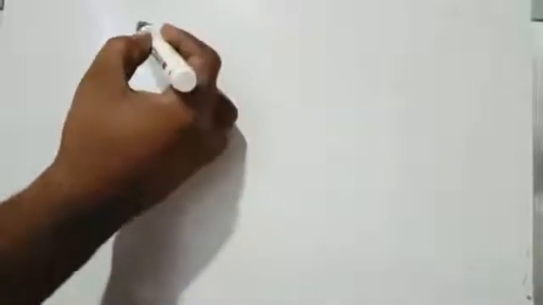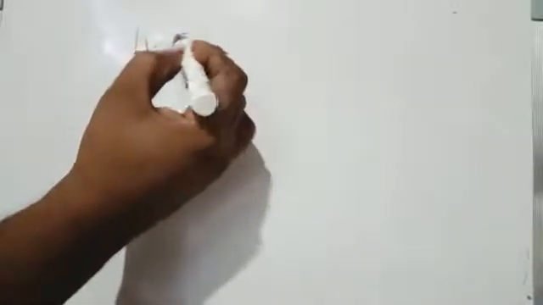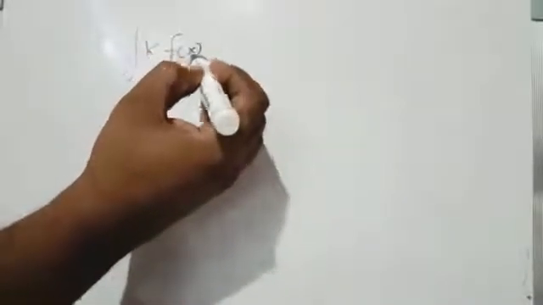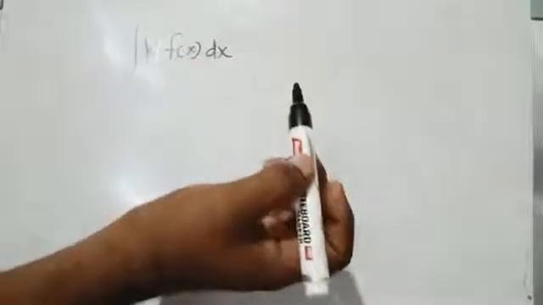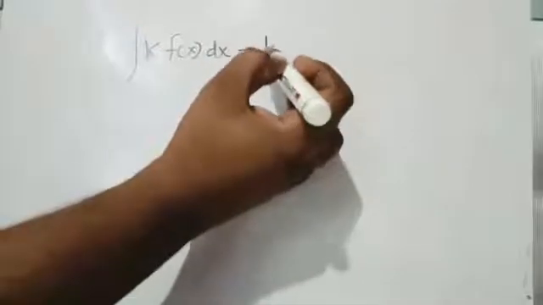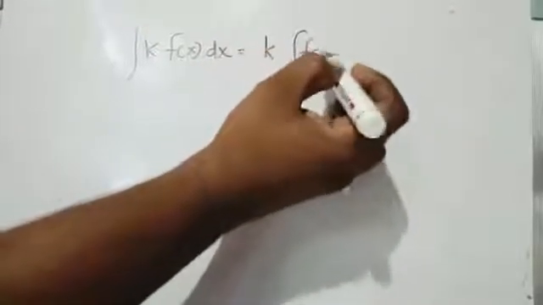And same like differentiation, here also we have a few laws to be followed. Integral k f(x) dx, that is multiplication with a constant, is the same as k into integral f(x) dx.